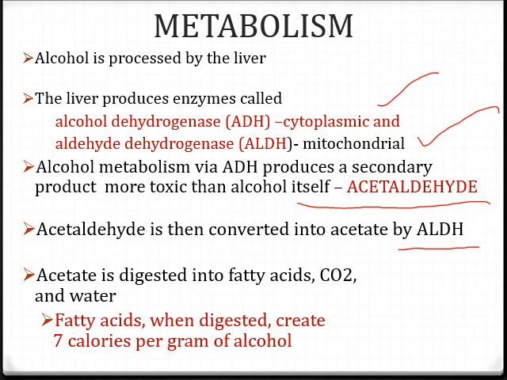This acetate can be converted into fatty acid, or it can be completely broken down into carbon dioxide and water by entering the TCA cycle. The fatty acid when digested can create 7 calories per gram of alcohol. That is why I told you alcohol can yield nearly 7 kilocalories per gram of energy on oxidation.